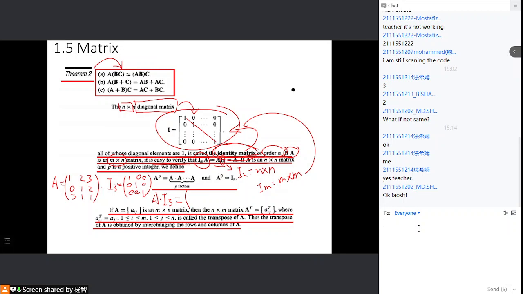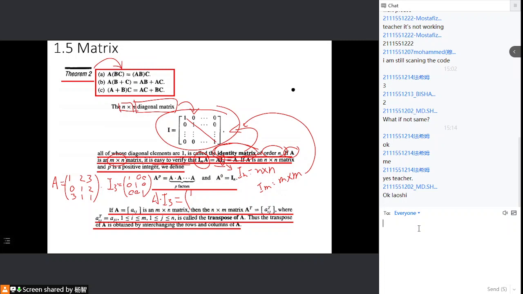Who can give an answer? The first element is 1.